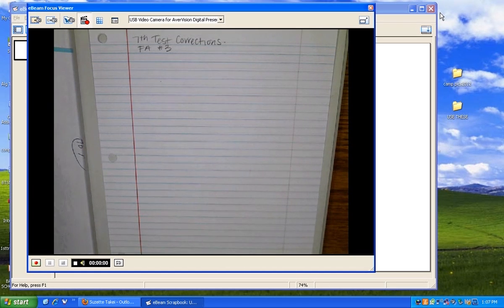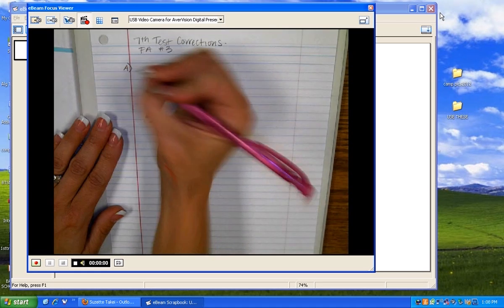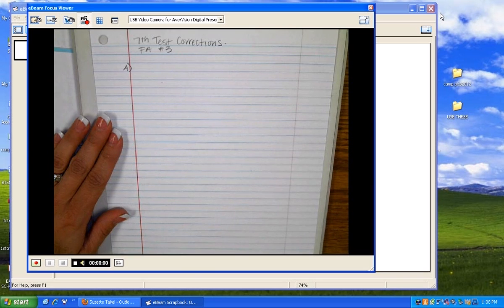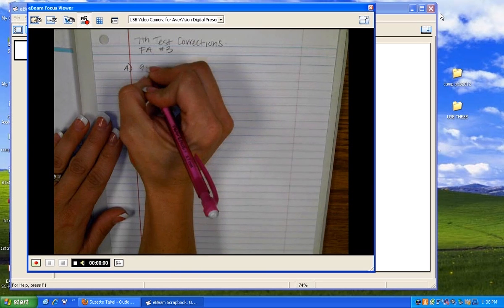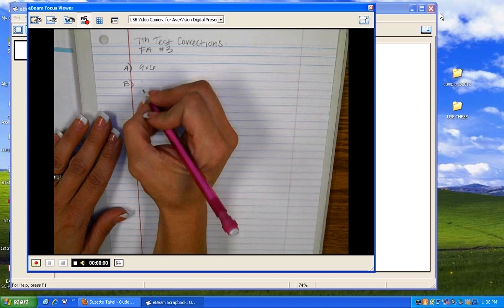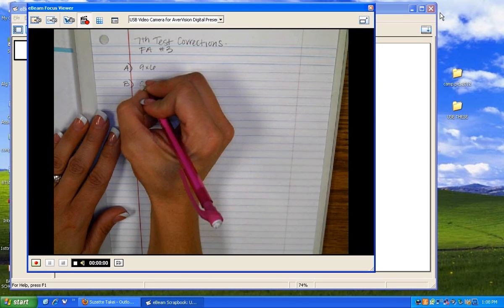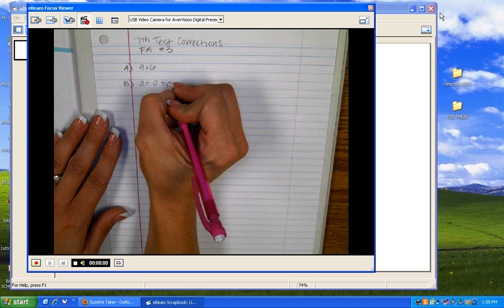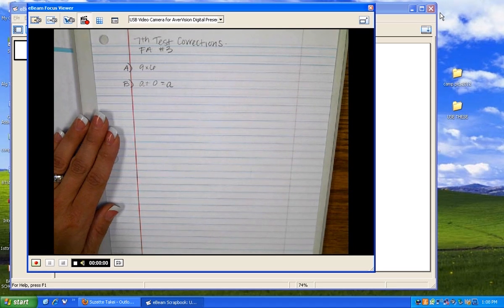Now, the questions for the mental math. The first one, A, is 9 times 6. B was name the property: A plus 0 equals A. What property does that represent?